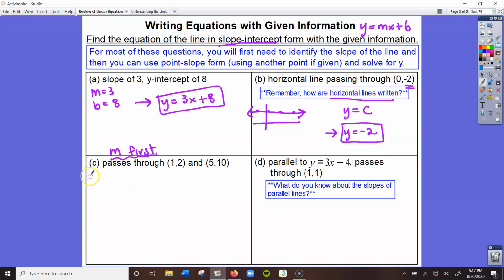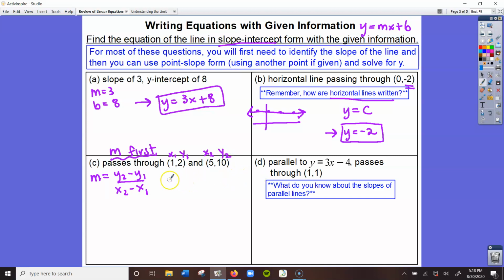Now remember the slope formula. m equals (y2 minus y1) over (x2 minus x1). Since I have 2 points, I can label these points. Doesn't matter which one you decide to label them as. I'm going to say this is x1, y1, and this is x2, y2.